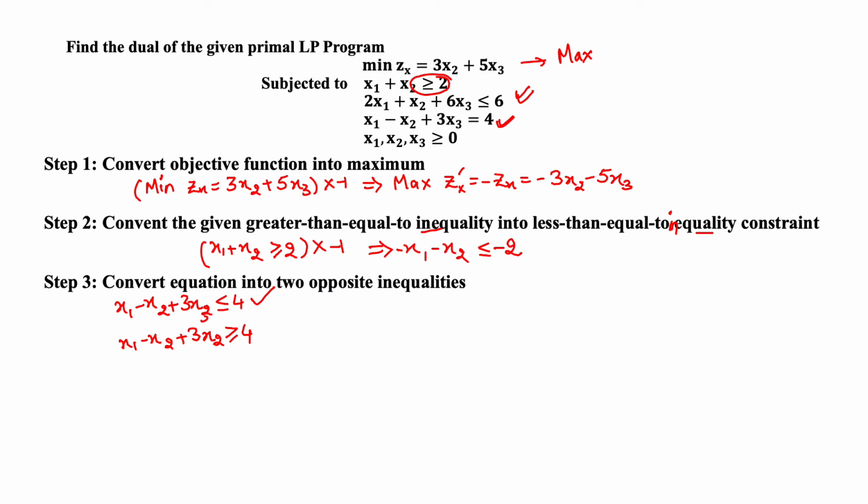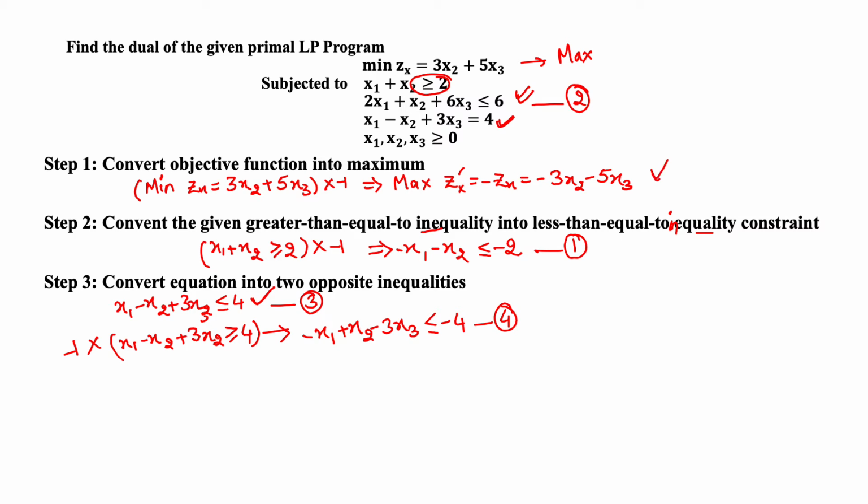So first constraint equation, this one is second, this one I am getting as third, and last I have to again convert into less than equals to form. For that I will multiply with again -1. So new constraint equation will be minus x1 plus x2 minus x3, which is less than equals to -4. So I am having 4 constraint equations.